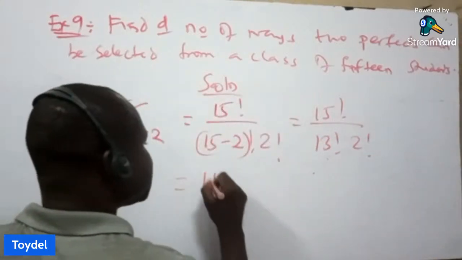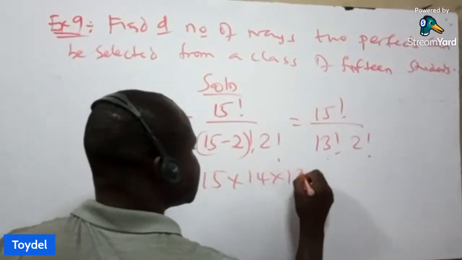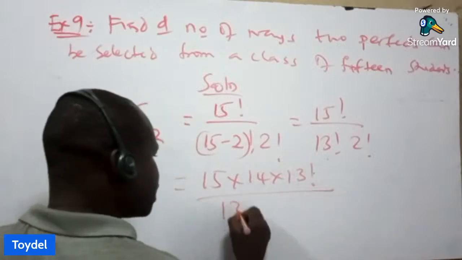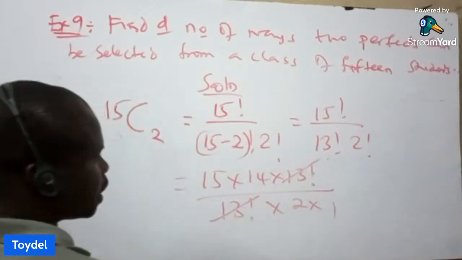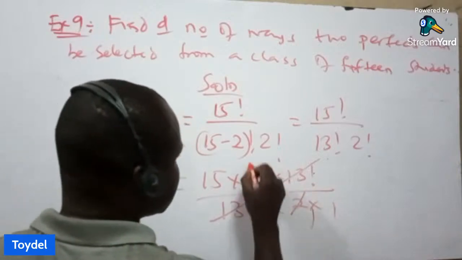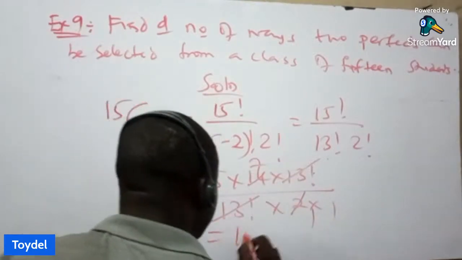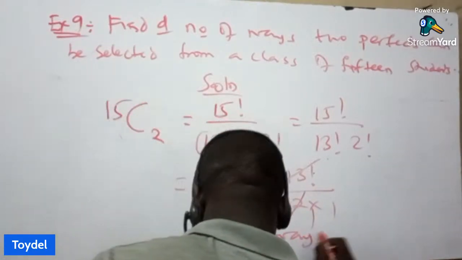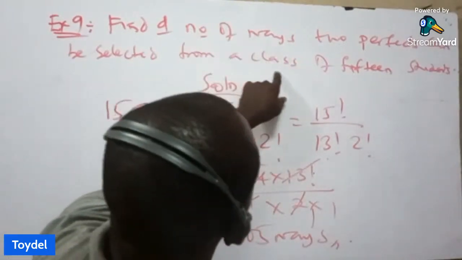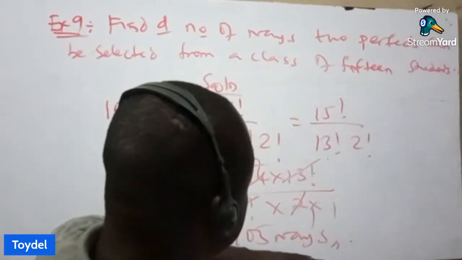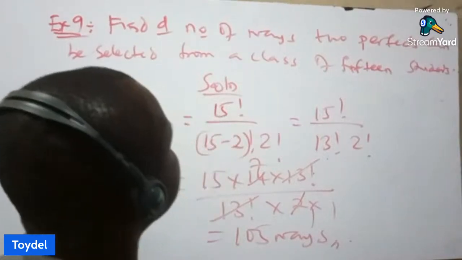Then we are going to have 15 times 14 times 13 factorial all over 13 factorial multiplied by 2 times 1. 13 factorial will take care of 13 factorial. 2 here 1, 2 here 7. So 15 times 7 will be 105. So that will be 105 ways. So 2 students can actually be selected from a class of 15 students in how many ways? 105 ways.